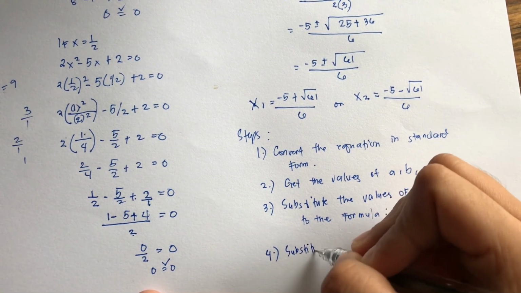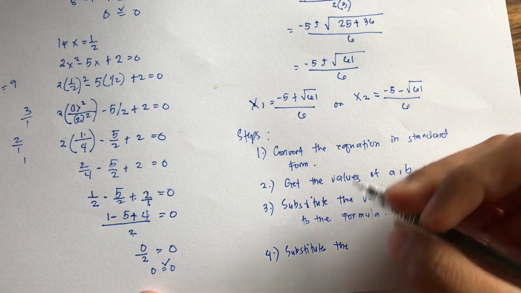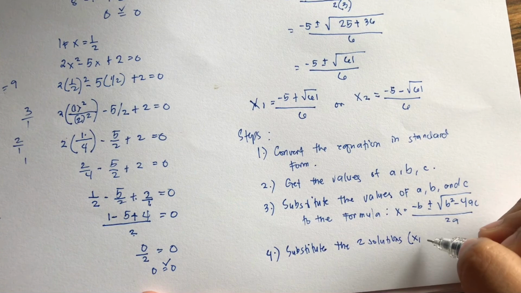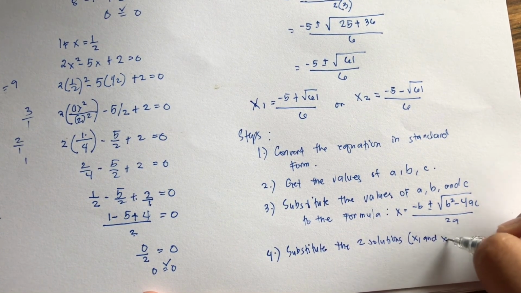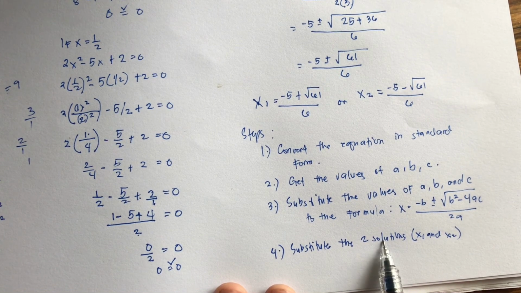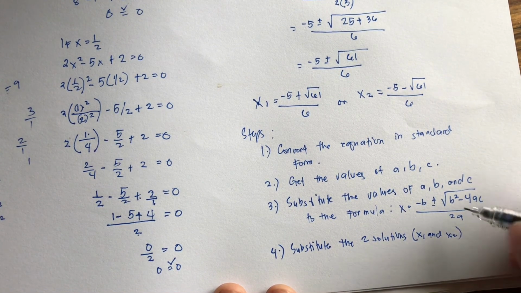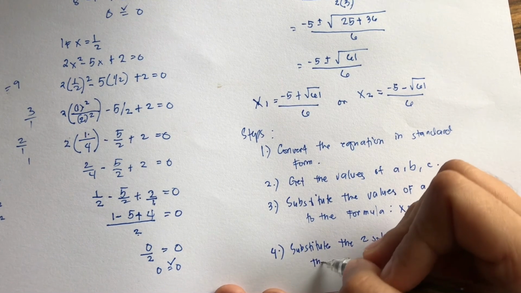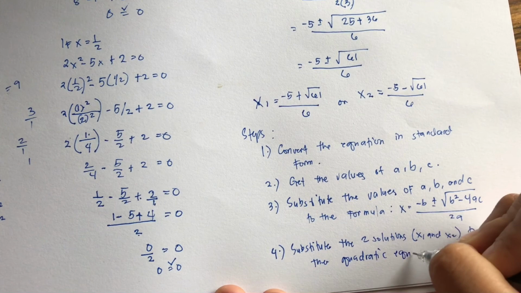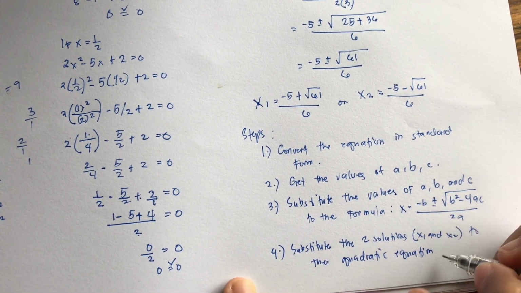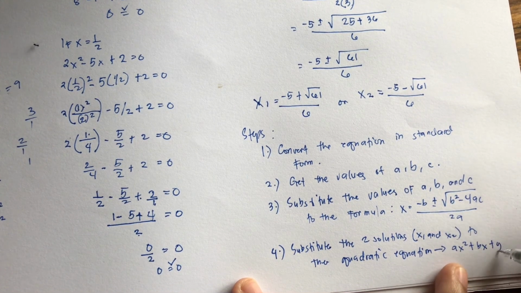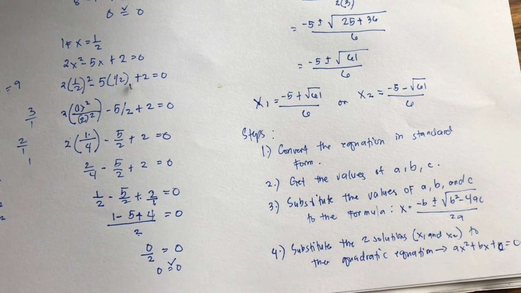Substitute the two solutions, the values of x sub 1 and x sub 2, to the quadratic equation. The quadratic equation is of the form ax squared plus bx plus c equals 0.